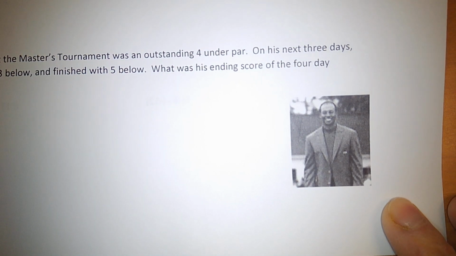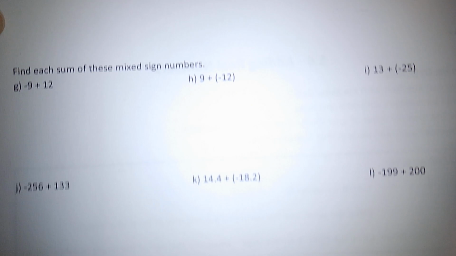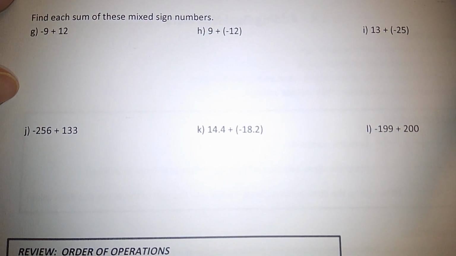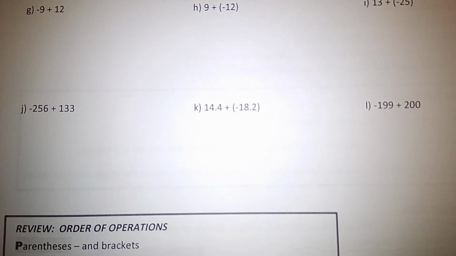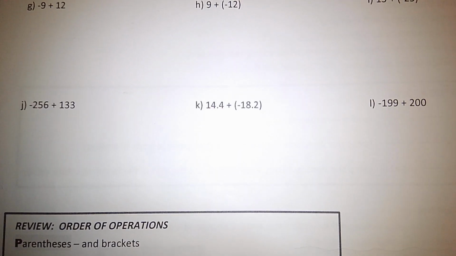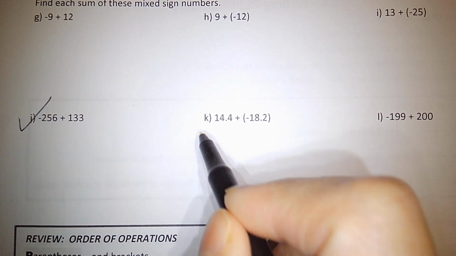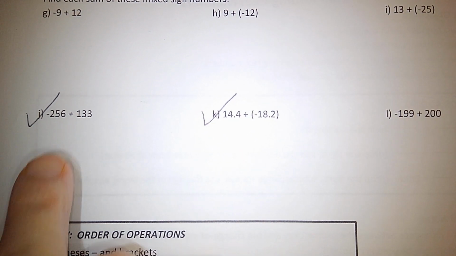Alright, so next page. Find the sum of these mixed sign numbers, okay? I'm going to pick up some questions we can do together, and you can practice the rest.